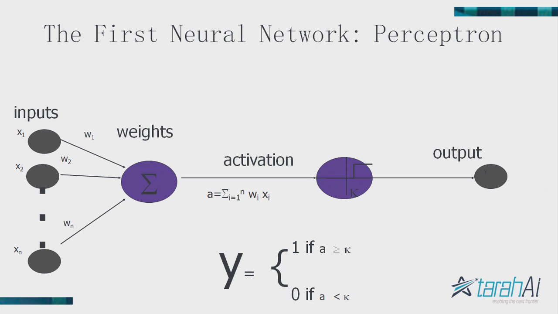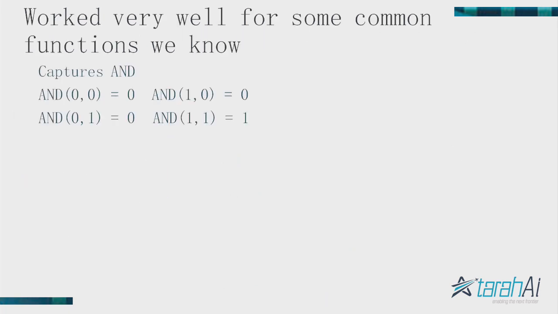Same way, 1, 1, W1 plus W2 plus W3, subject to K, should give you 1. Understood what to do? Think about the W1, W2, W3 and K combination which is going to give you the AND function.